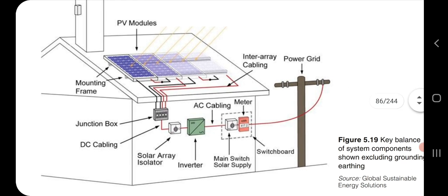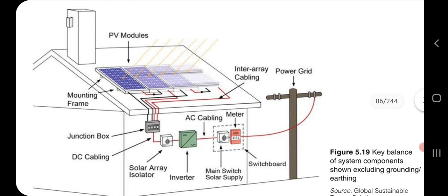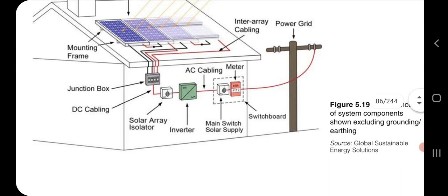In this PV model, you can see many key components like isolator, inverter, cabling, junction box; all things are required. If you want, the meter is also required. How it is connected: there is the mounting frame, the PV modules, then to the junction box, from the junction box to cable, then to the isolator, then the inverter, then to the meter, and it goes to the grid.